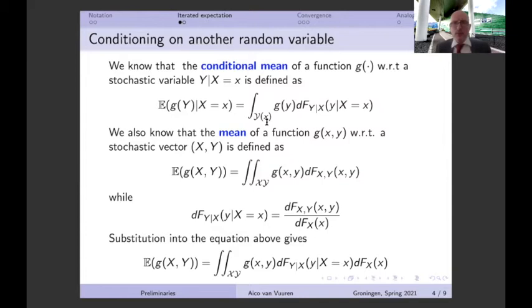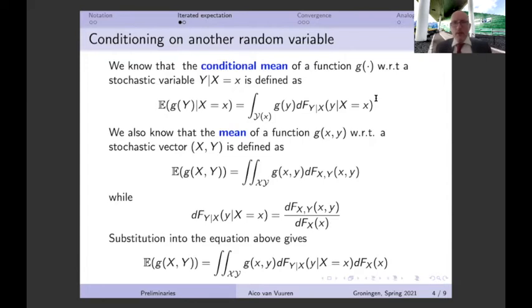The support, of course, could also depend on the outcome of x, because the distribution function depends on the outcome of x, so therefore the support as well. And then the rest is almost identical to what we had before with respect to the standard mean. It's this function g(y), or g evaluated in y, multiplied in this case by the conditional density of y conditional on x, this thing that we have over here.